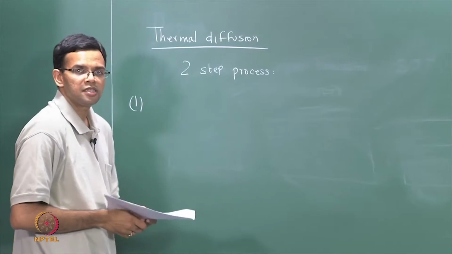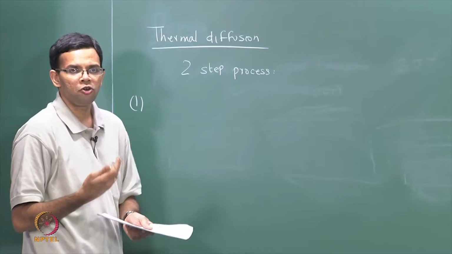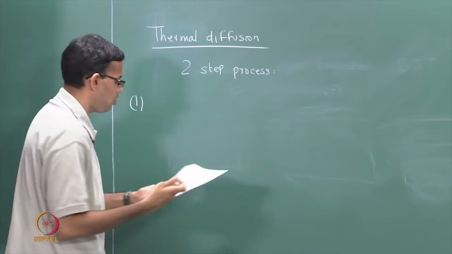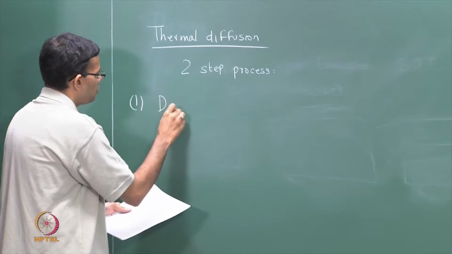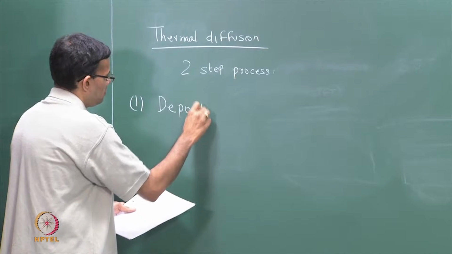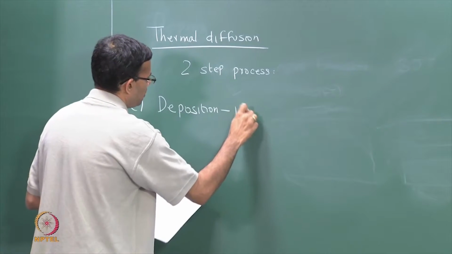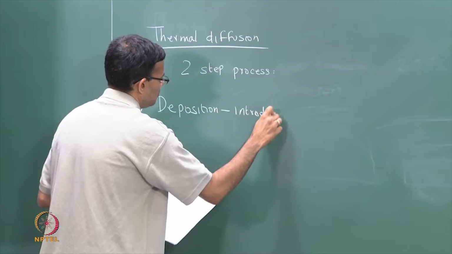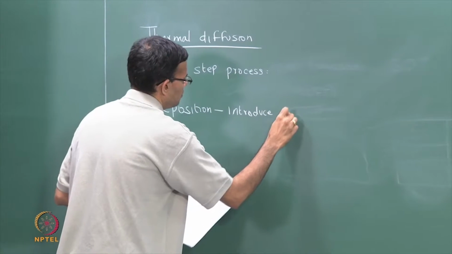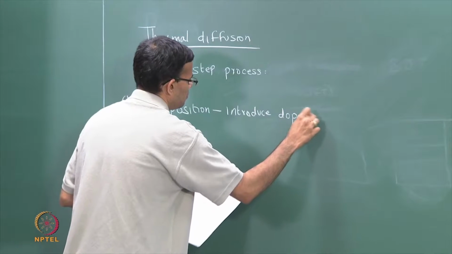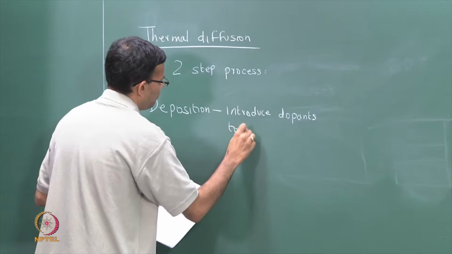In the first case, we need to introduce your dopant atoms to the surface of the wafer. So this process we call deposition, where we introduce dopants to the wafer surface.